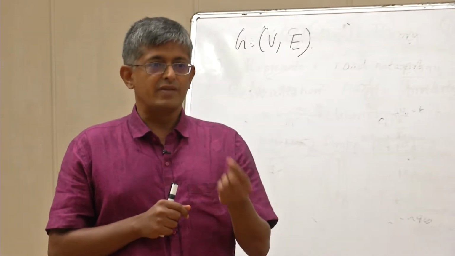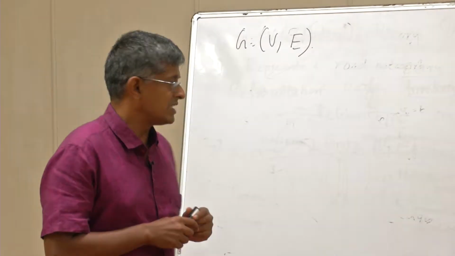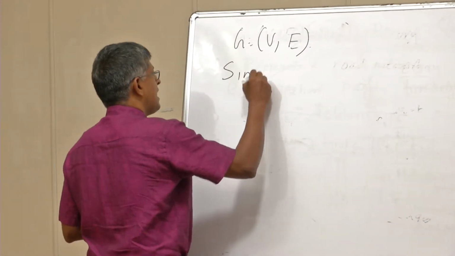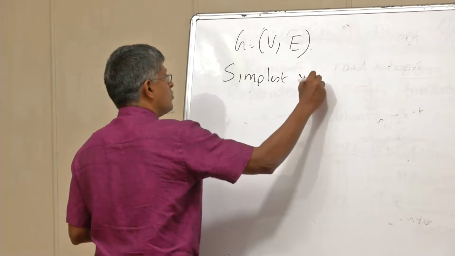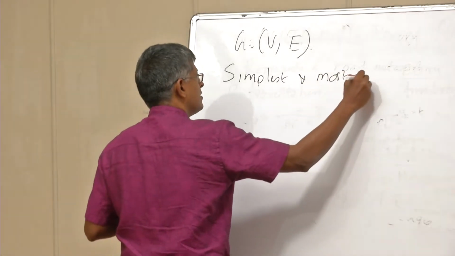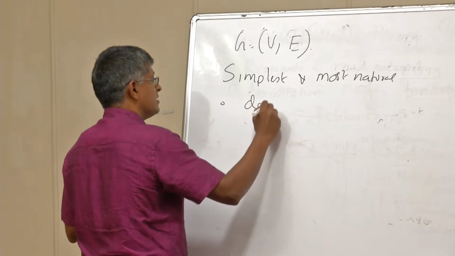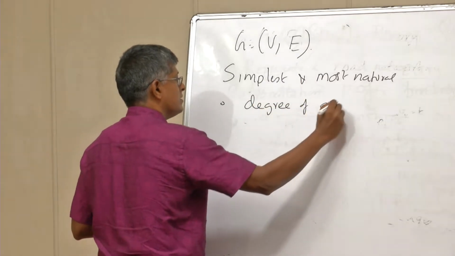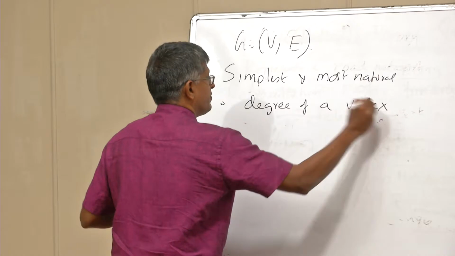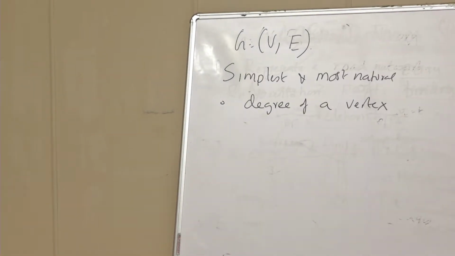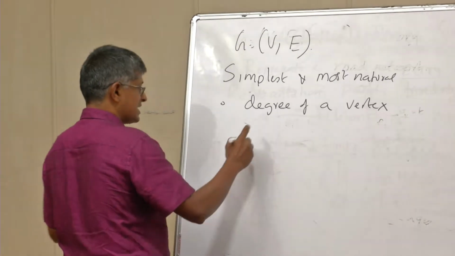So now let us see what the properties of the degrees of every vertex are. I am going to define this concept now. The simplest and most natural is the concept of the degree of a vertex. The degree of the vertex is a positive integer, as you will see quite obviously.